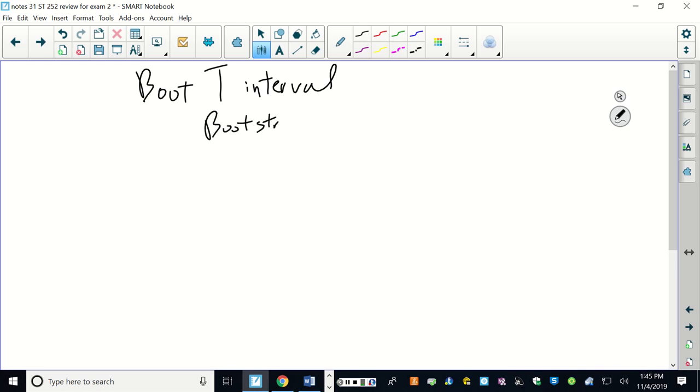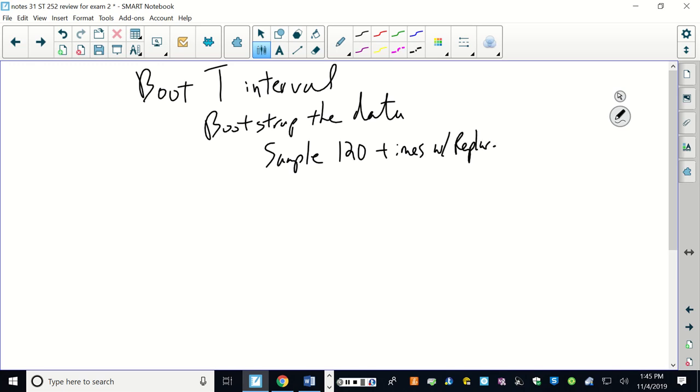So you bootstrap the data. For two samples, there's kind of two bootstraps. Sample 120 times with replacement from the labor force group, from their values.